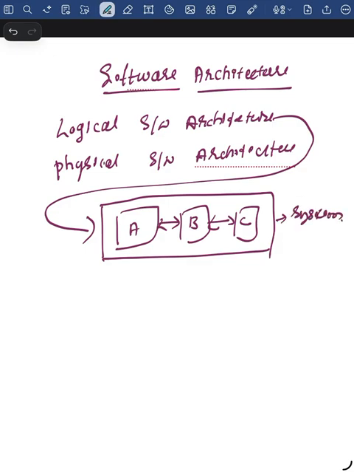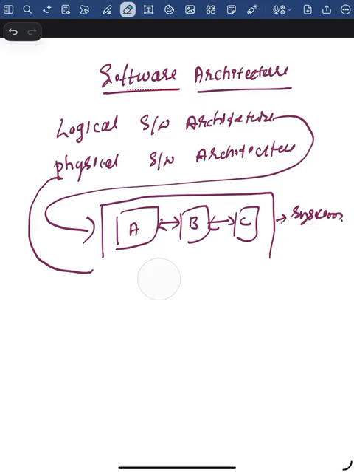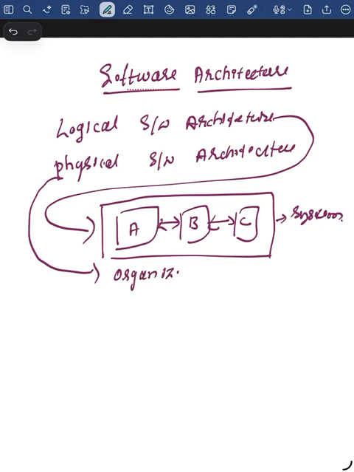What is physical software architecture? Now we have grouped them, designed, and decided what goes where. Now, how do we organize them? That defines the physical software architecture.